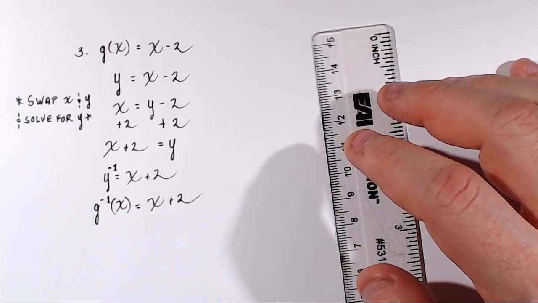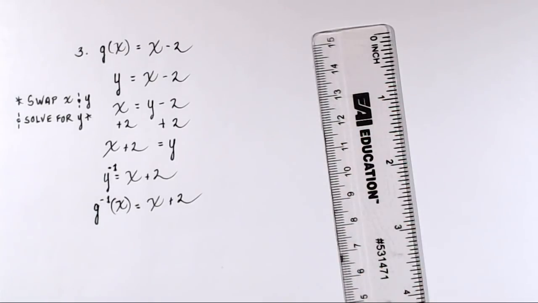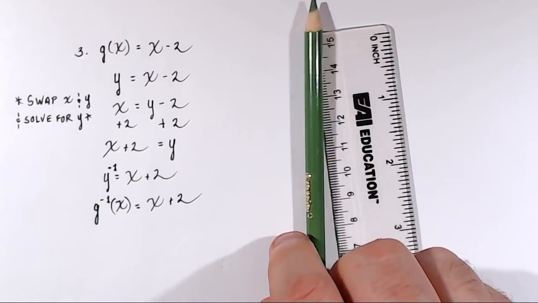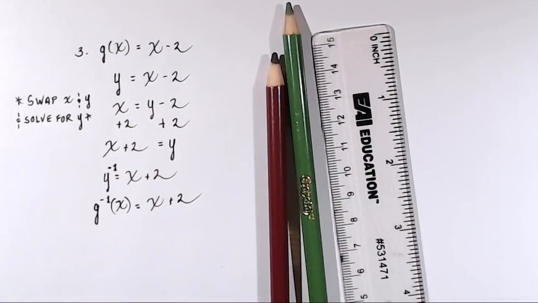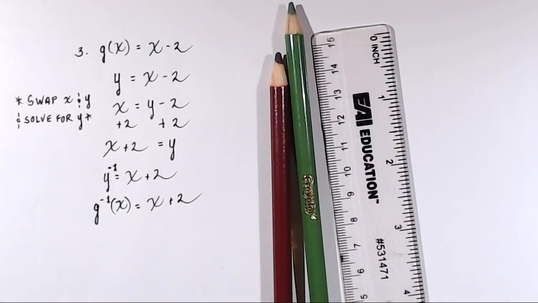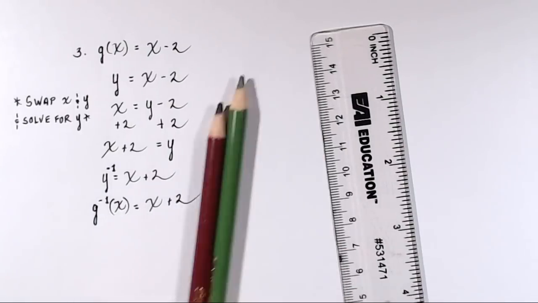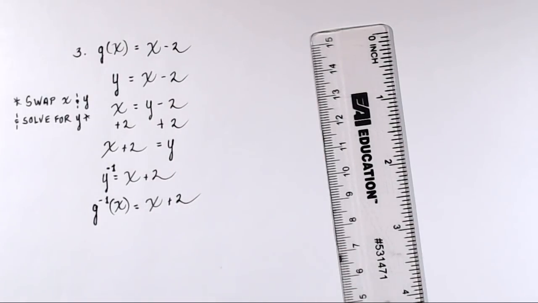I will use this green colored pencil, and I will use this dark red colored pencil, kind of a Christmas in July thing. And we'll graph those two lines.